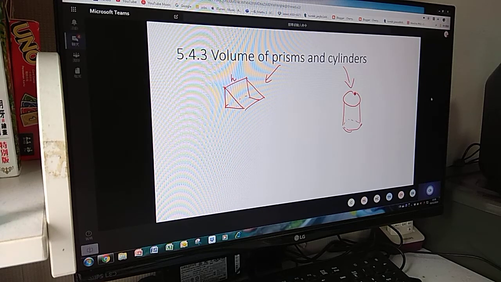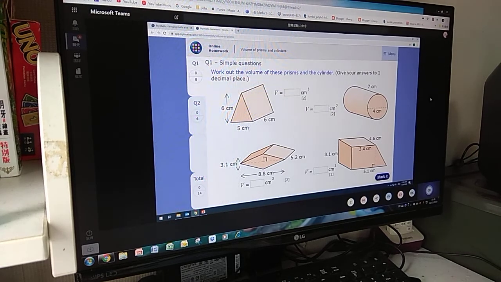For the volume of the cylinder, similarly, you have to calculate the area of the circle base, and after that you have to multiply the area by the height, then you will get the volume of the cylinder. So actually the volume of the prism and cylinder is not very difficult. So we can look at some examples.